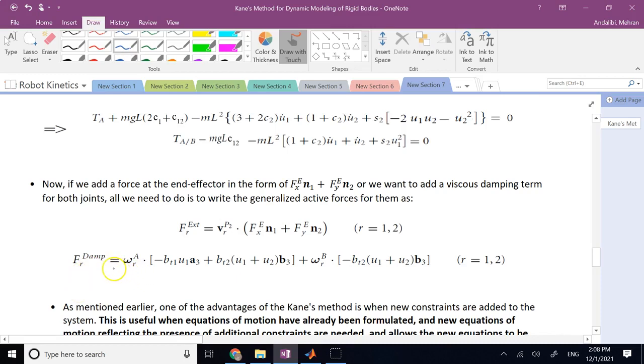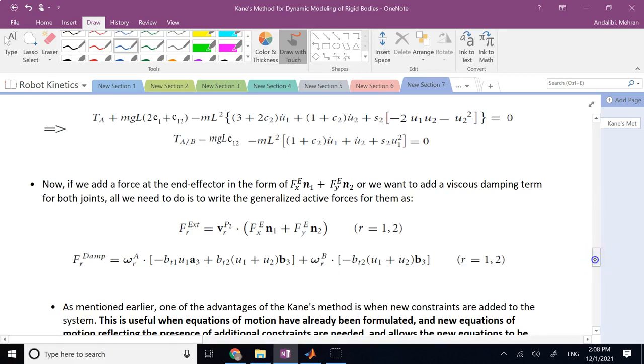To my active forces. Because my inertial forces are the same, and in this case, as long as I'm not adding a degree of freedom or applying forces or torques to a new location, I do not need to add anything to my partial velocities.